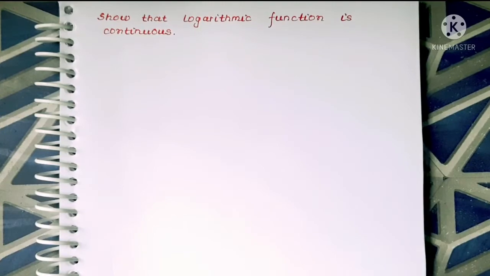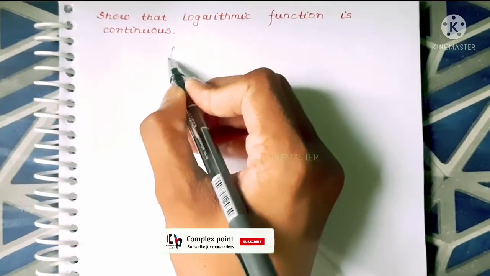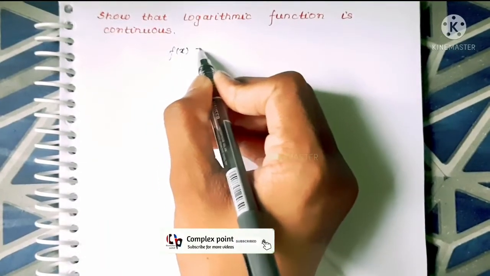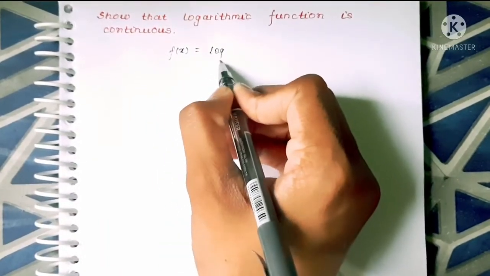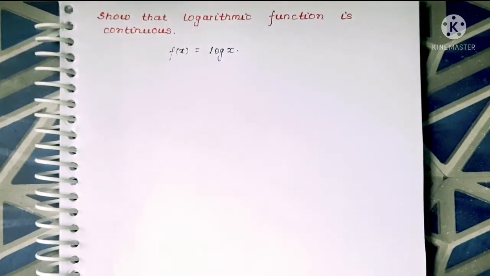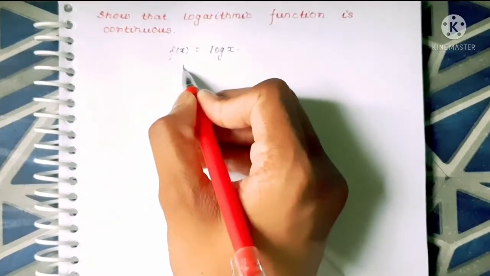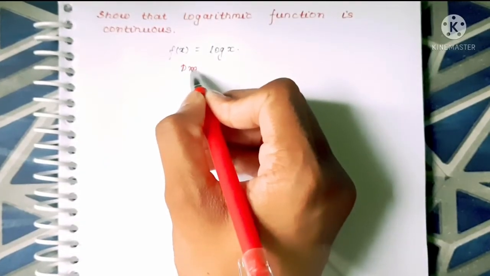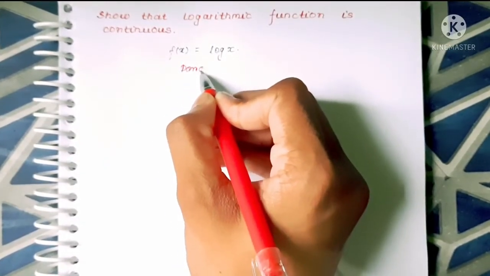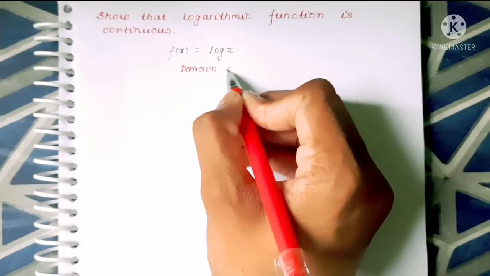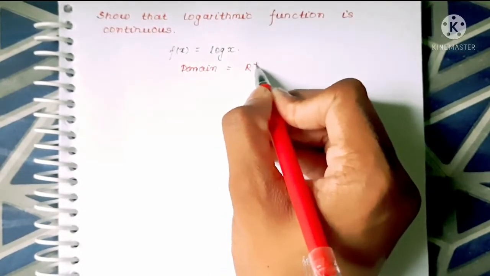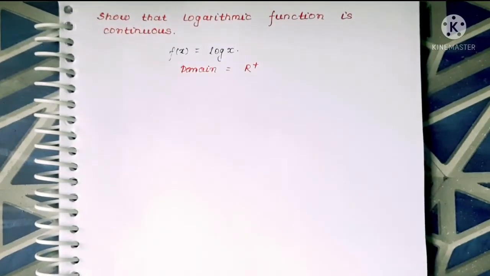So first of all we will take a function f(x) which will be equal to log of x, and we know the domain of the logarithmic function is all the positive real numbers.